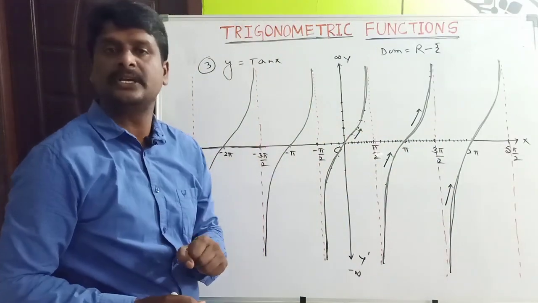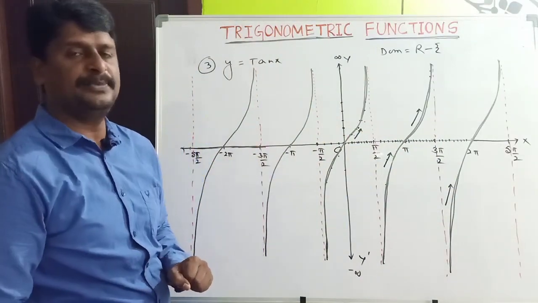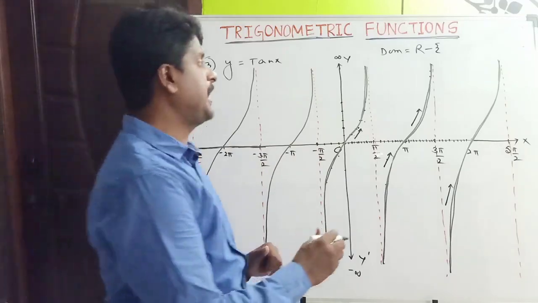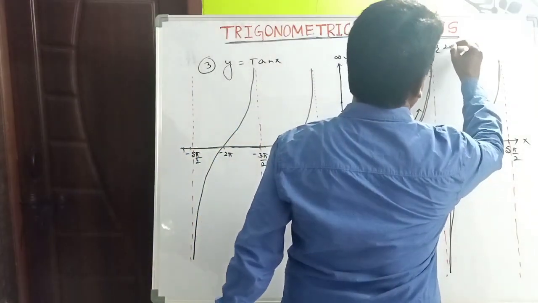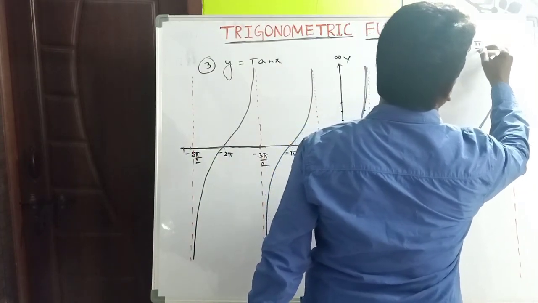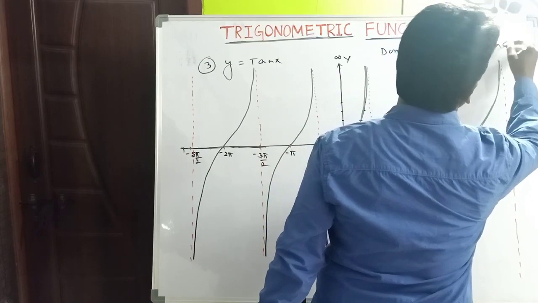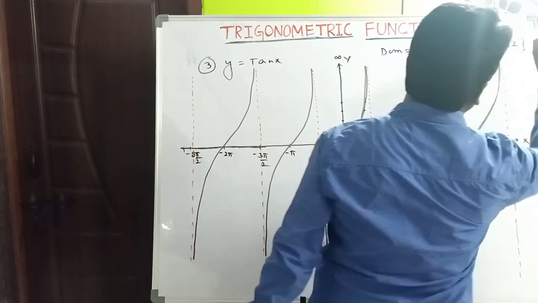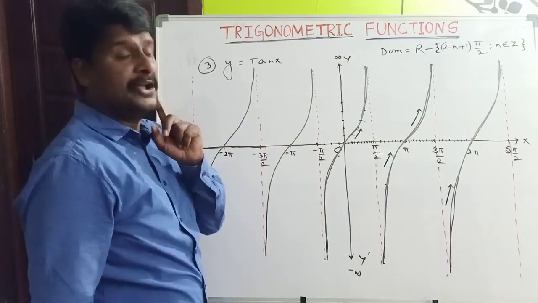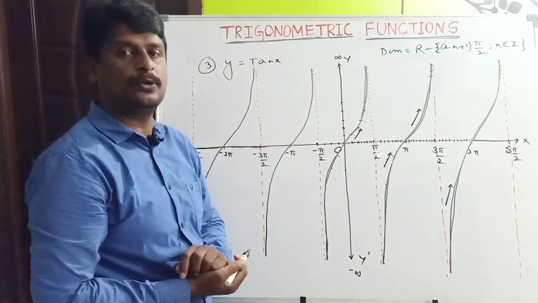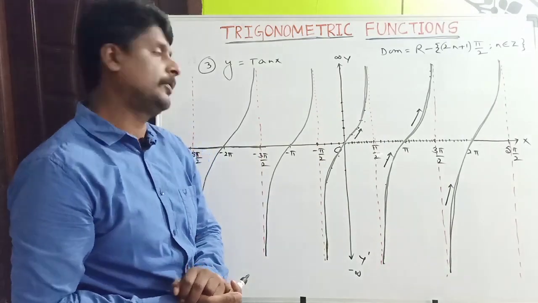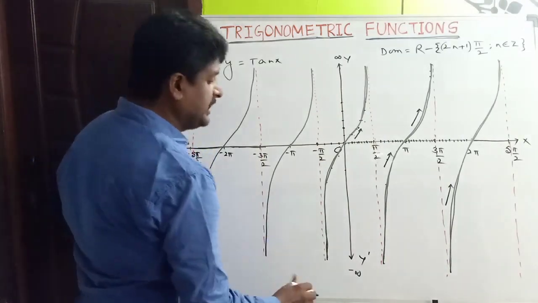Those are of the same type of angles, nothing but odd multiples of pi by 2. That's why the domain is R minus {(2n+1) pi by 2} such that n belongs to Z. This is the domain of tan x. Why are we subtracting some values? Because at those points the graph is not defined.